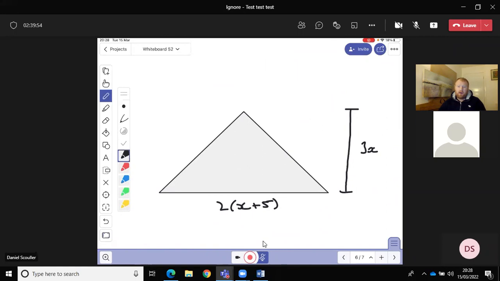The height of that triangle is 3x, and the base of that triangle is 2 bracket x plus 5.